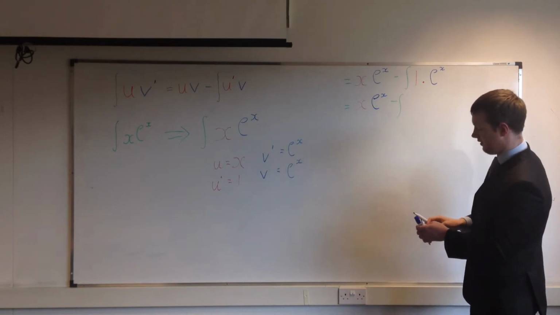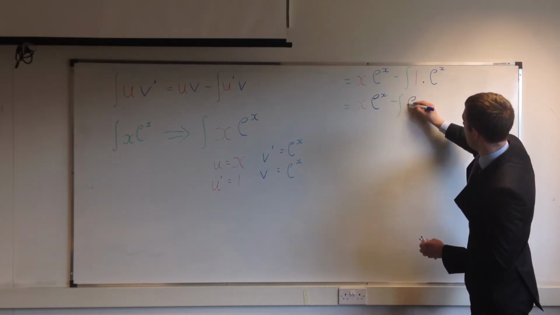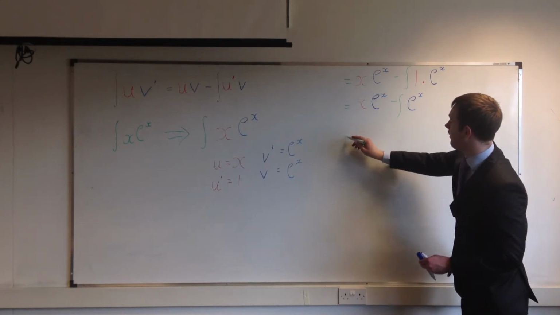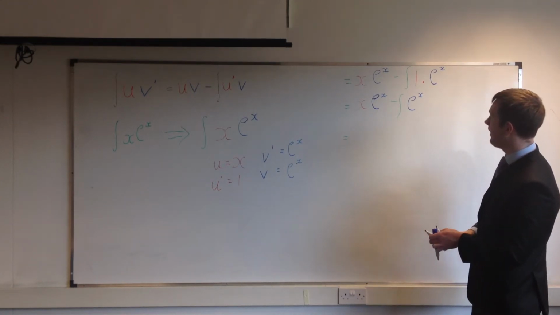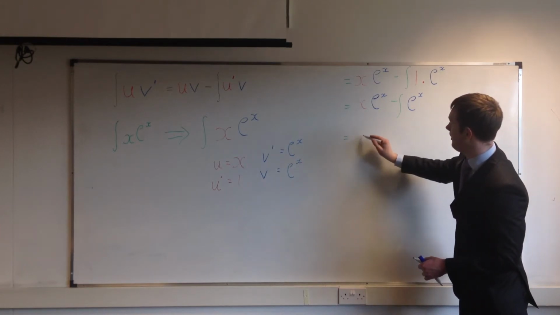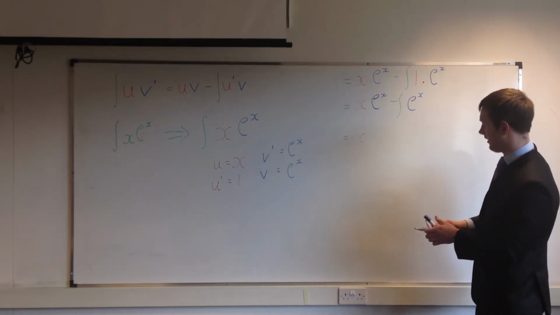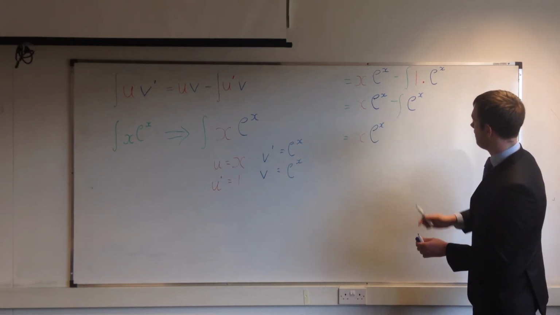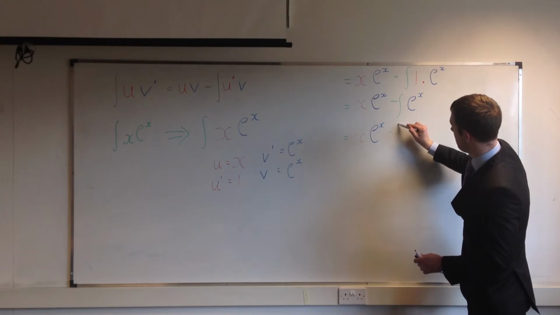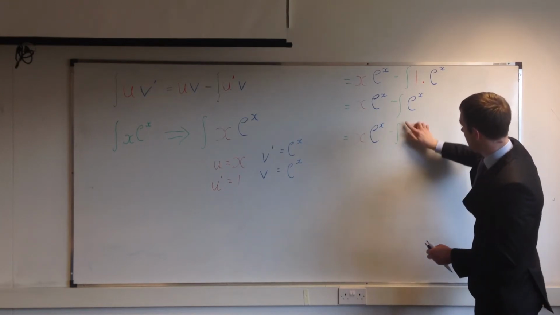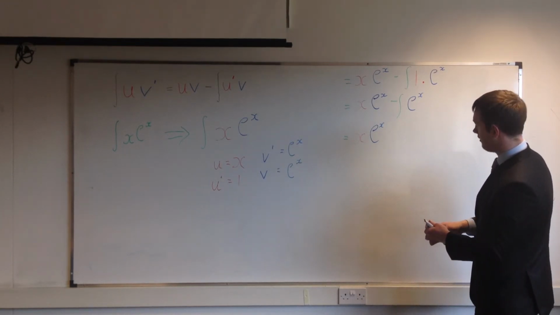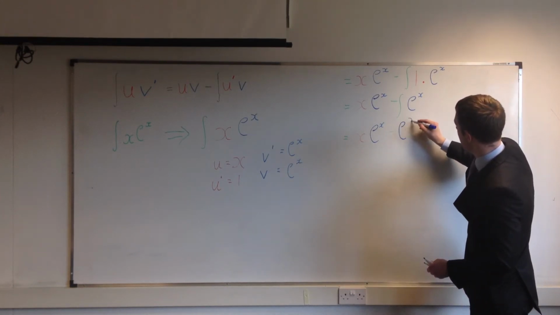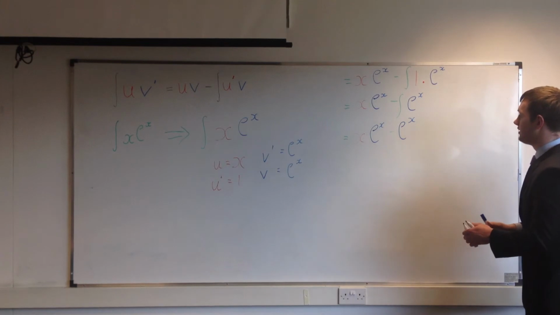So we end up with the integral of e to the power x. Now, we all know that the integral of e to the power x is simply e to the power x. So minus e to the power x, and we need a plus c on the end.